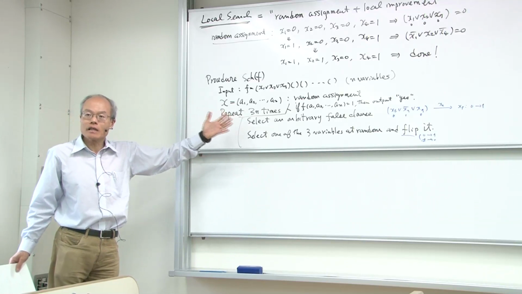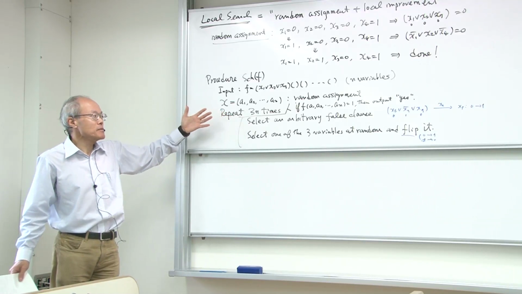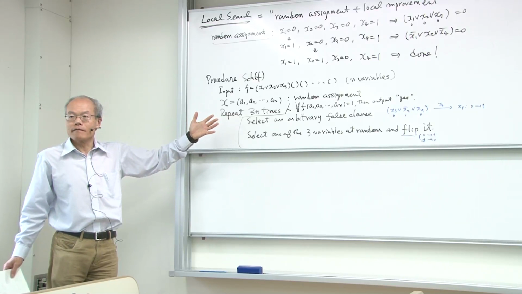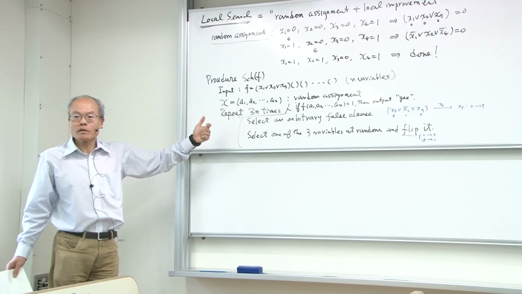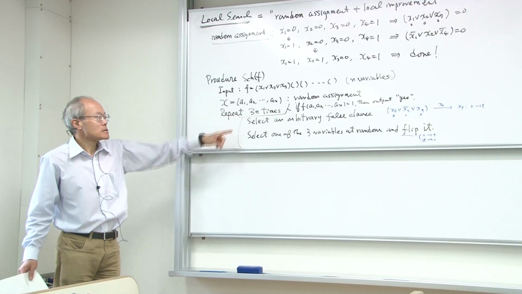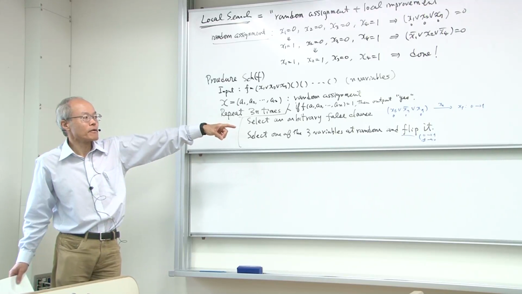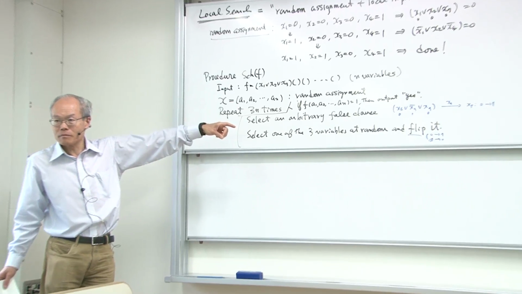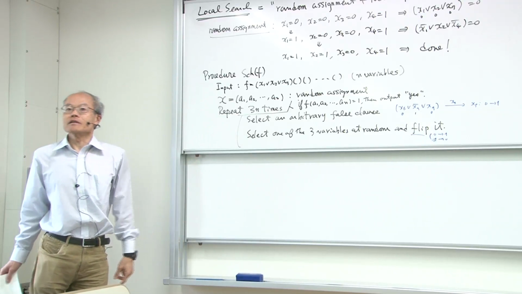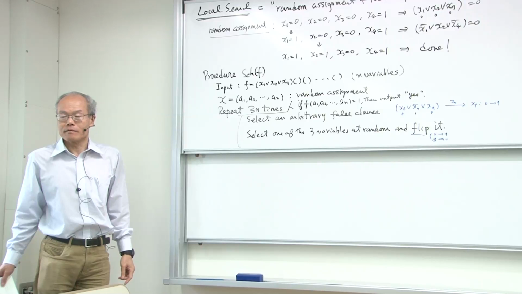Otherwise, if the current assignment is not a satisfying assignment, there is at least one clause that is false. Select an arbitrary one of them, and then flip the value of one variable.